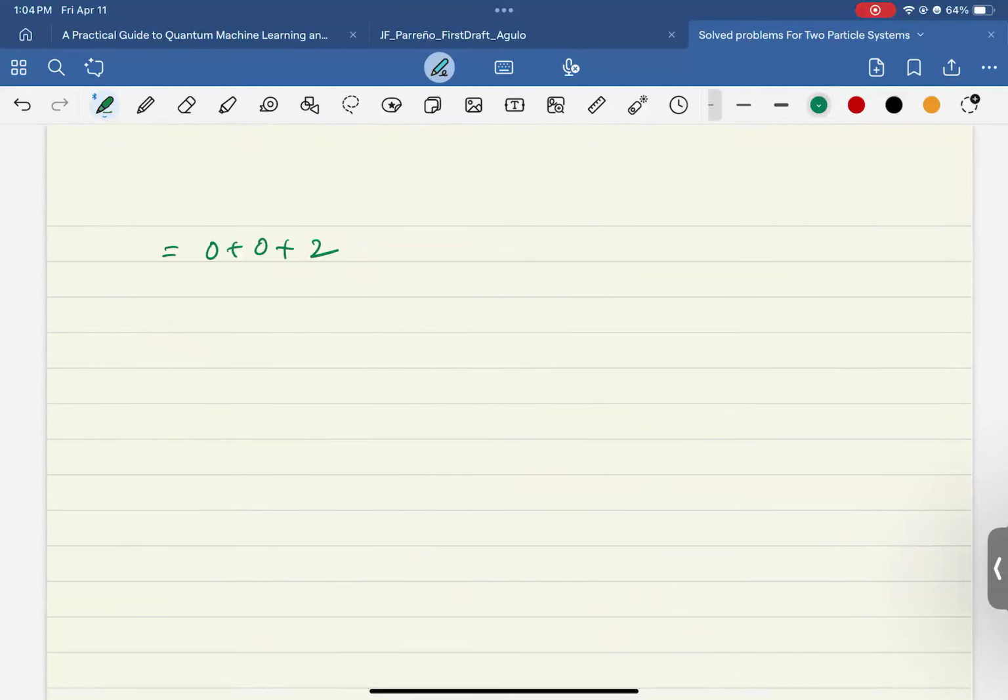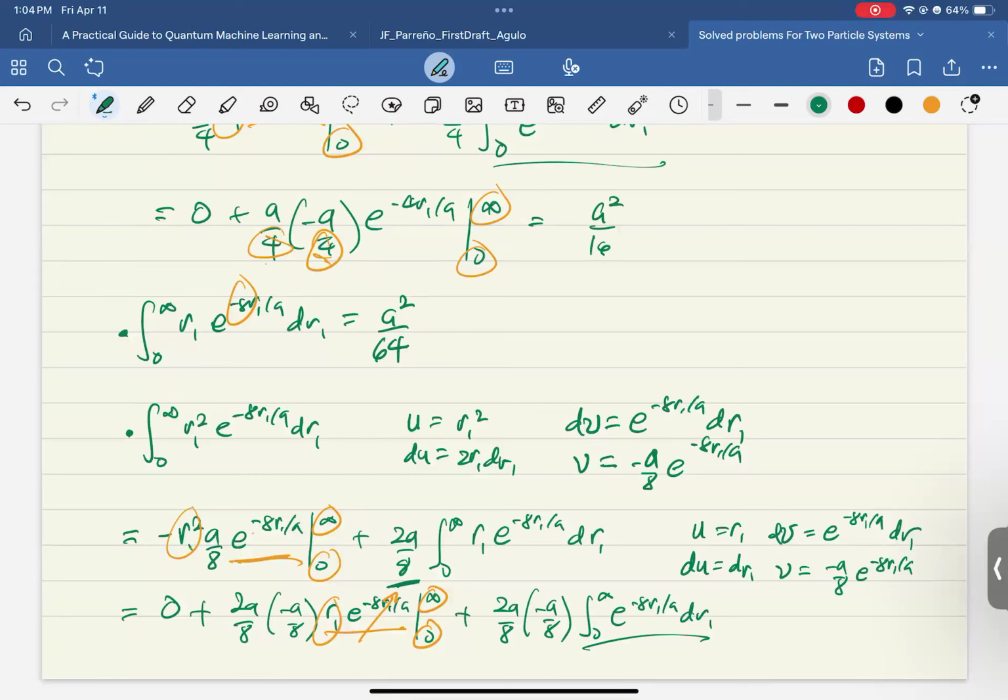Okay, pag in-evaluate natin itong integral na ito, from 0 to infinity, yung first term is evaluated to infinity, that will give us 0, and yung second term is evaluated to 0 will give us 1. So we have 2 times a squared over, meron ka pang coefficient na 8 over a dyan, di ba?